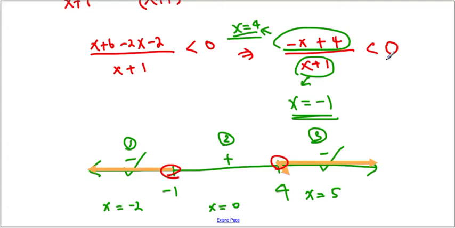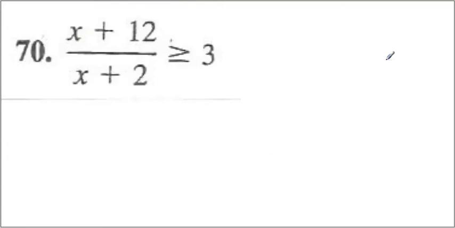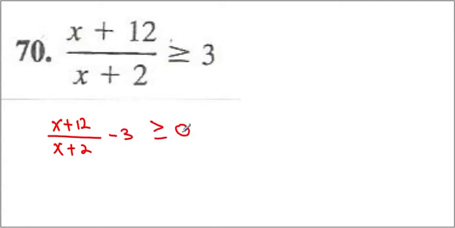Right, so we're going to use the same strategy to do the second question. That means we're going to subtract 3 from both sides, so that we have x plus 12 over x plus 2 minus 3 is greater than or equal to 0.